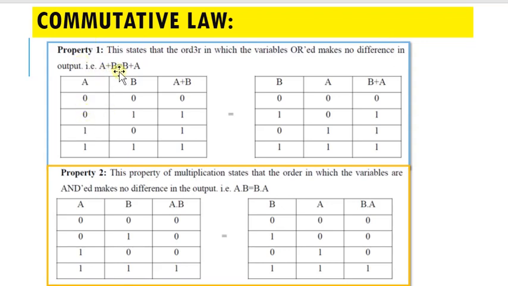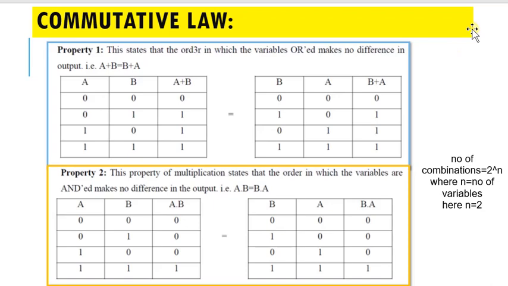And moreover, because I have considered two variables, that is why I get a total of 4 combinations. That is 2 to the power 2. Always you should remember that the number of combinations that you are going to use will be dependent on 2 to the power n.